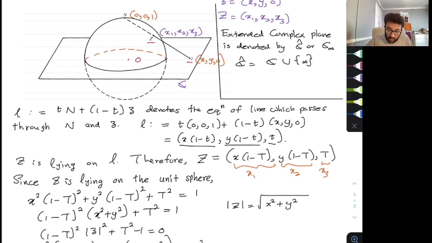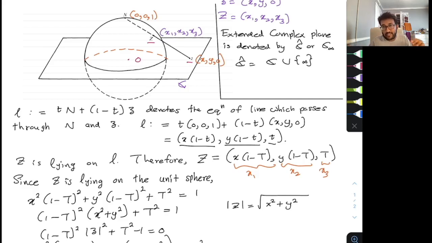If you take any point which lies in the complex plane, then the line that you draw through the north pole and that point hits somewhere on the unit sphere, and that is not the north pole, right?